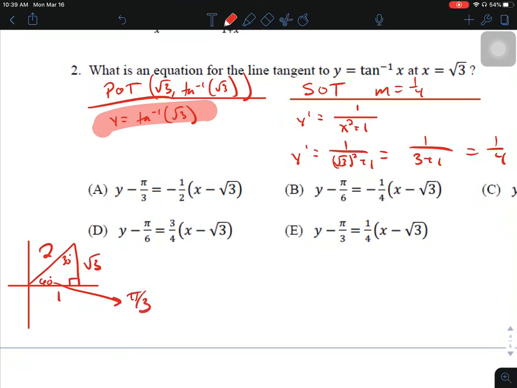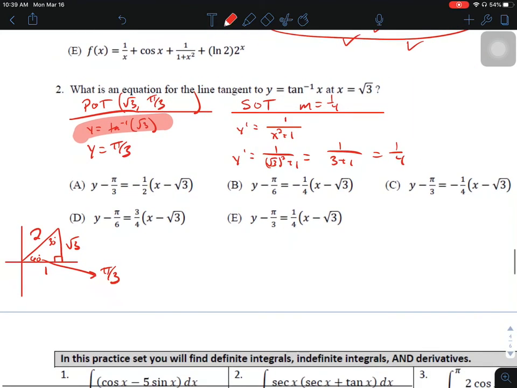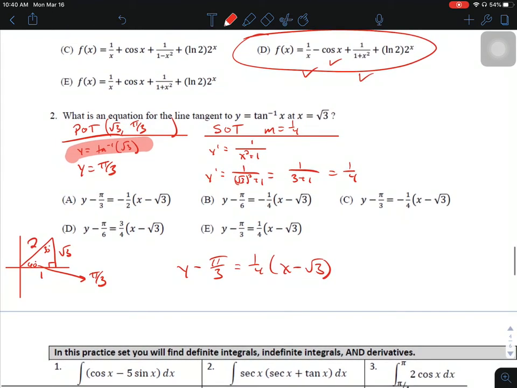That's pi over 3. So I want an equation that's y minus pi over 3 equals the slope of 1/4 times x minus the square root of 3. And that is option E. Sweet.